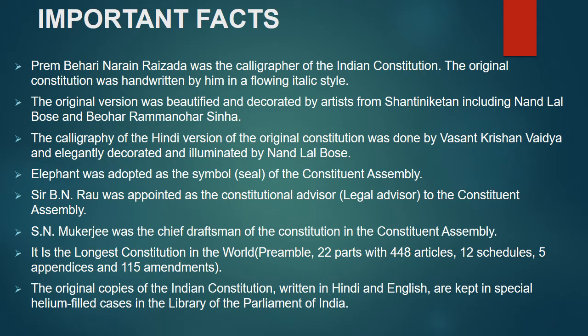Elephant was adopted as the symbol of the Constituent Assembly. Sir B.N. Rau was appointed as the constitutional advisor of the Constituent Assembly. S.N. Mukherjee was the chief draftsman of the Constitution in the Constituent Assembly, and our Constitution is the longest constitution in the world.